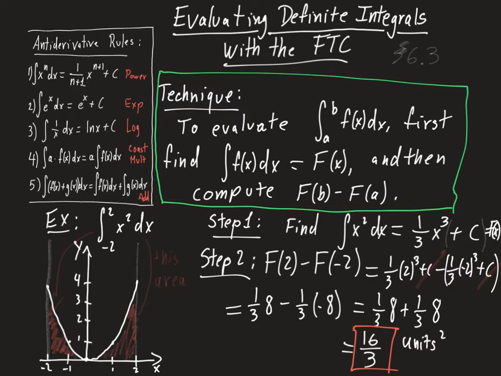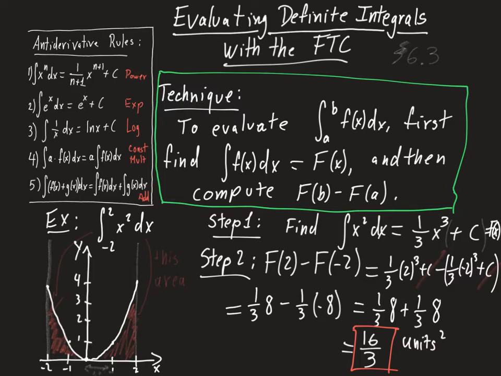So the reason why I say units squared is that however long we decided to make in this graph 1 unit here, is going to be the exact unit of distance that we're using here. So if each increment of 1 on this graph were actually drawn out to be 1 inch, then the area on the graph would be 16/3 square inches.